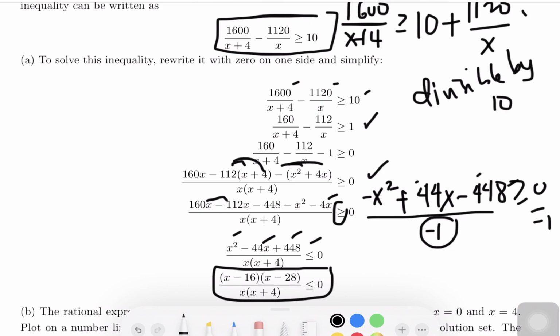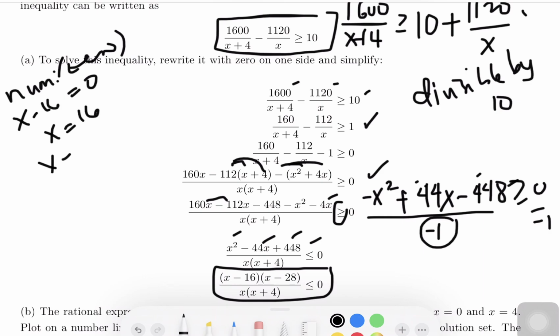Okay? Then, what is next? For the numerator, we set it to zero. So, we have x minus 16 equals 0, so x equals 16. x minus 28 equals 0, so x equals 28. So, we have two values for the zeros of the numerator.